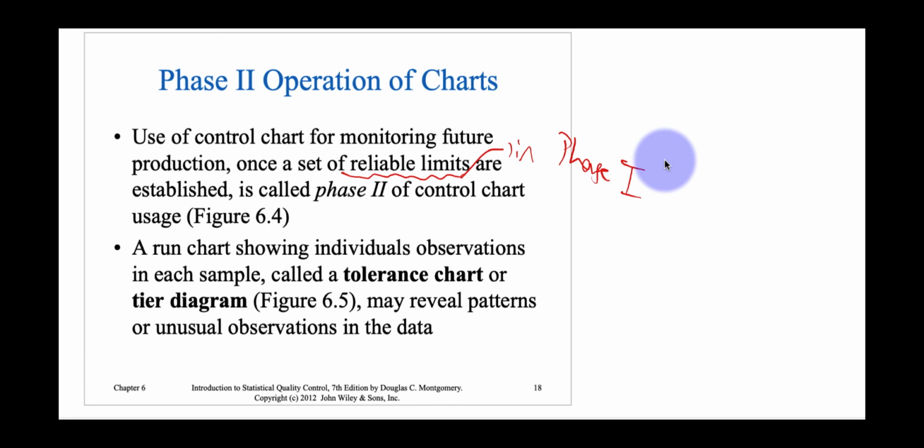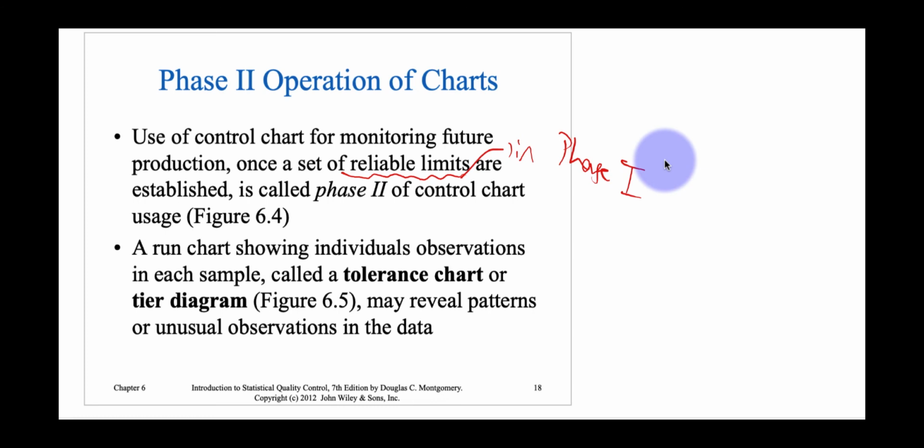All right, and also in this phase, we can use run charts showing individual observations in each sample, which is also called a tolerance chart or tier diagram. These charts can reveal some non-random patterns, so we can eliminate the assignable causes that result in these non-random patterns.